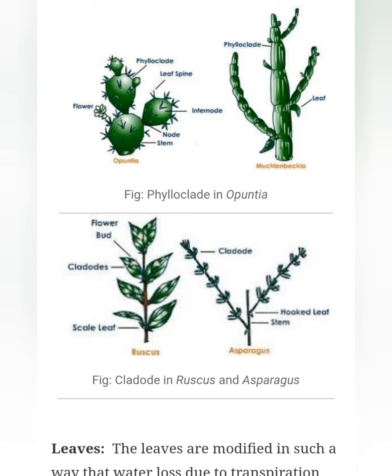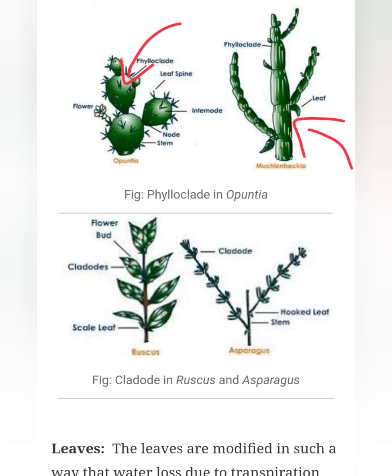These serve as water storing as well as photosynthetic organs. Even in this species, we have the phylloclade. And the second figure shows that in Opuntia you can also see the leaf spine.